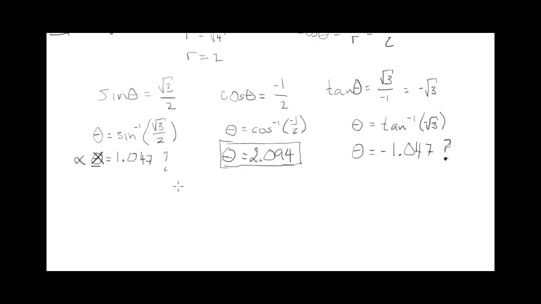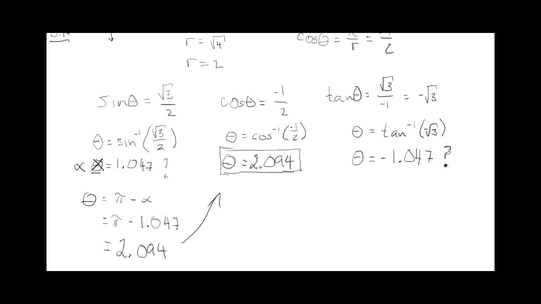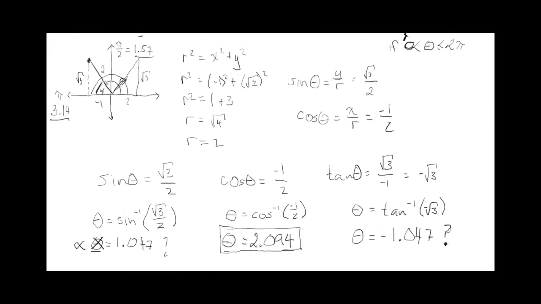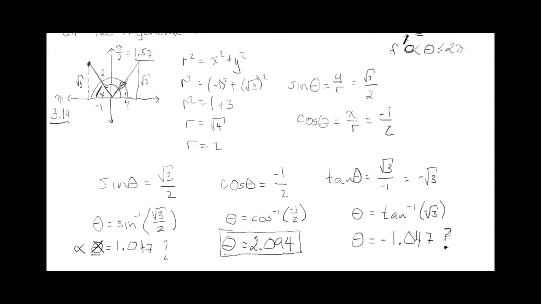So if you took this answer, alpha, and did pi minus 1.047, you would get the answer 2.094, which is the same as that one there. So you would get the correct answer as long as you figure out which answer the calculator is giving you and know if that's the correct one.